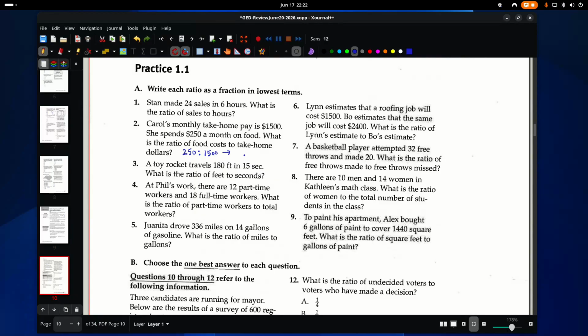So we can divide both of these values by 250, and so then we get 1, and 1,500 divided by 250 is 6, so 1 to 6 is the ratio for food costs to take-home dollars.